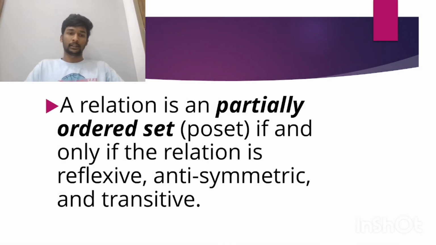Poset. A total order set is also a poset. A relation is a partially ordered set, called a poset, if and only if the relation is reflexive, antisymmetric, and transitive. Every total order set is a poset, but not every poset is a totally ordered set, because it does not satisfy certain properties.